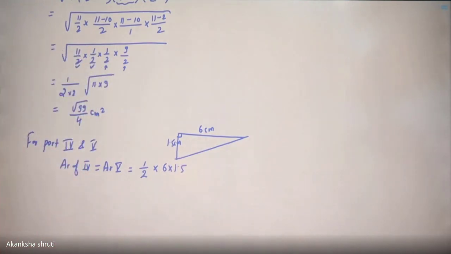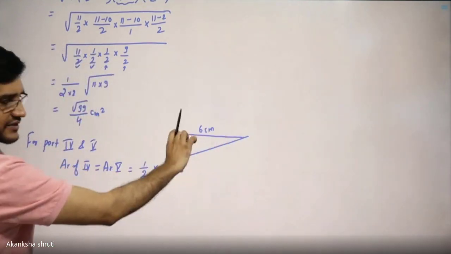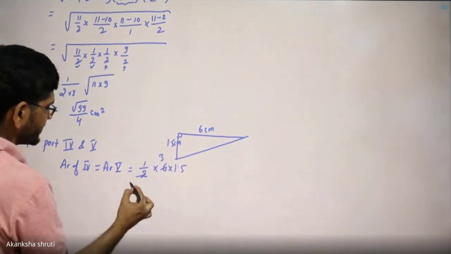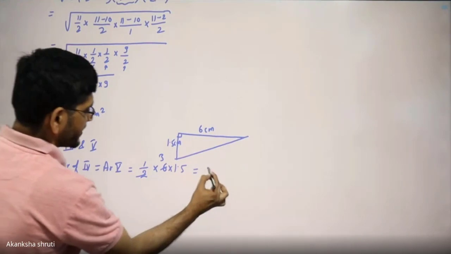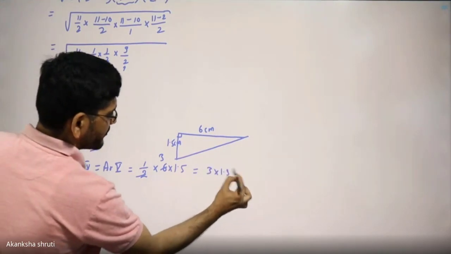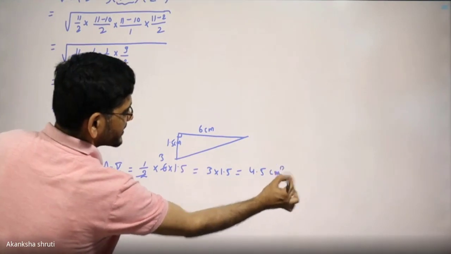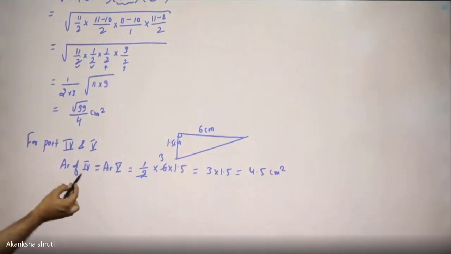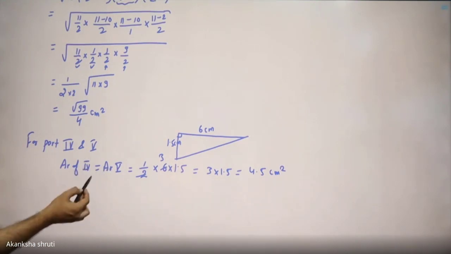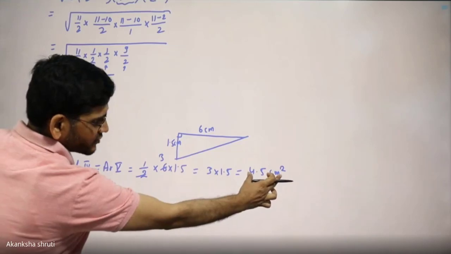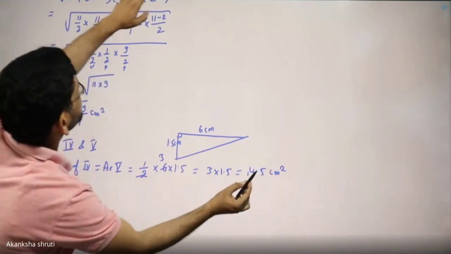One is the base, another is the perpendicular. It will get cancelled by 3, so this becomes 3 into 1.5, which is 4.5 centimeter square. Keep in mind, the areas of triangles 4 and 5 are equal, but we need to add them, so we need to take it twice.